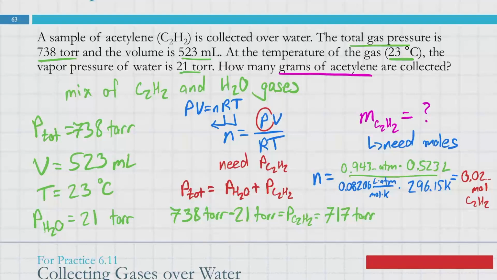And we multiply that by the molar mass of C2H2, which is 26.